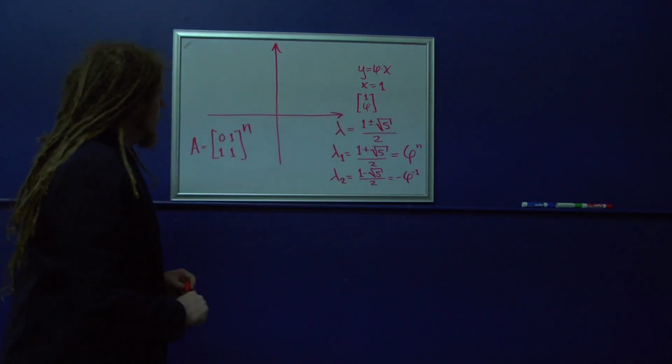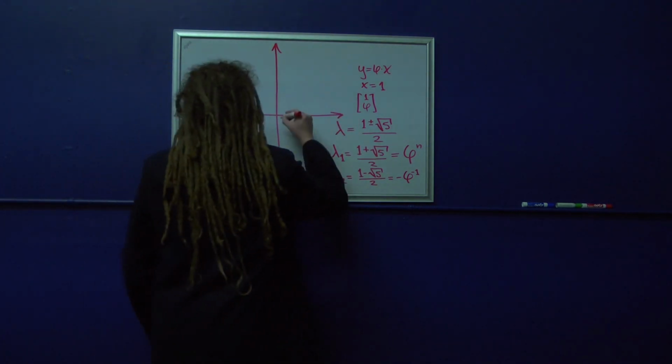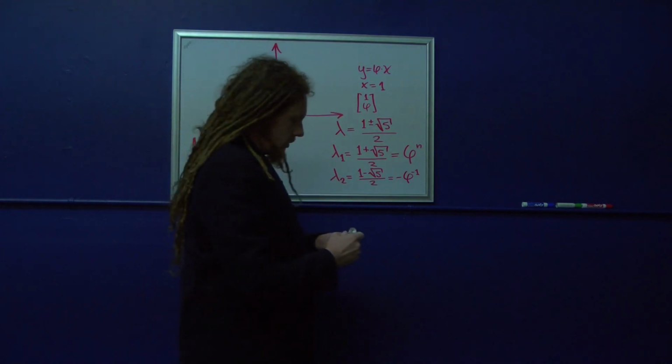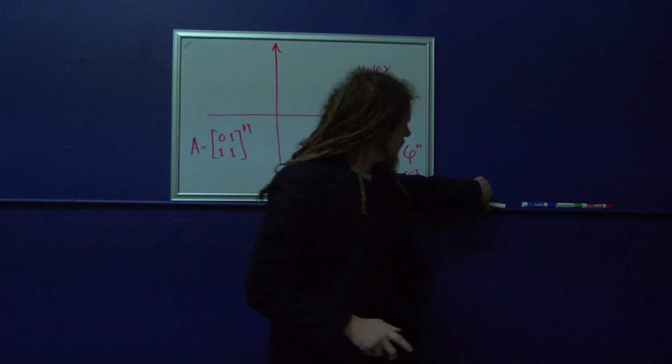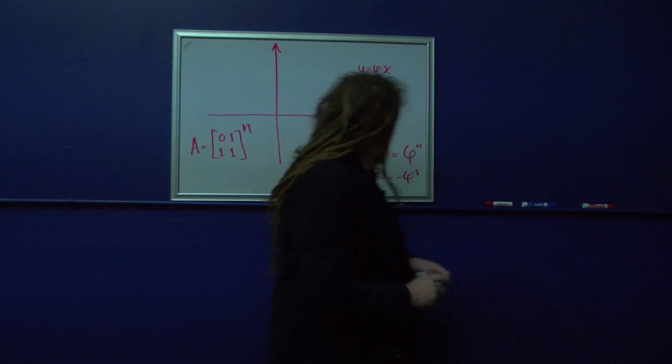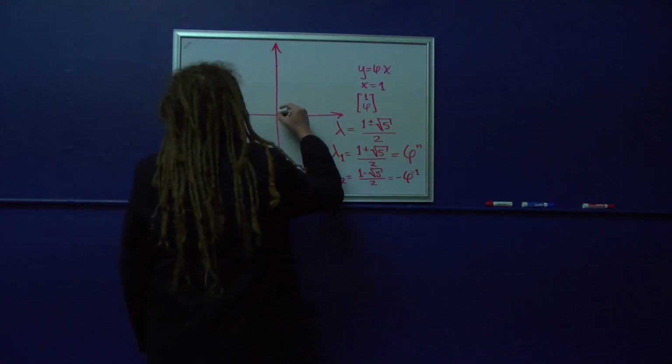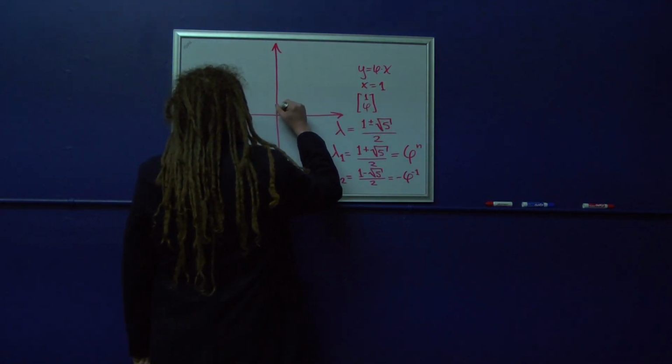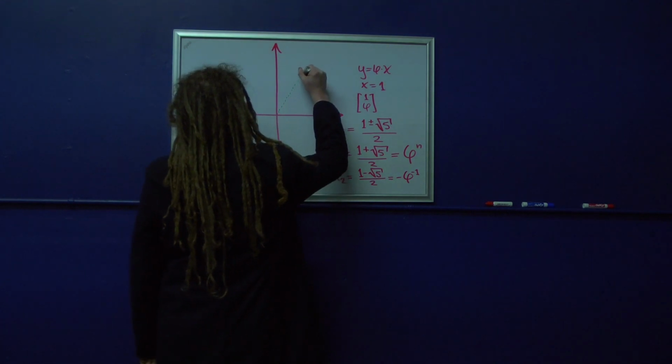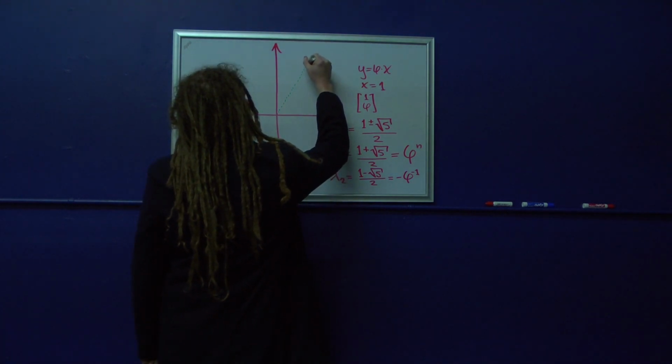So I've got one eigendirection. I'm going to change colors here for a second. One eigendirection that is going off in this way.